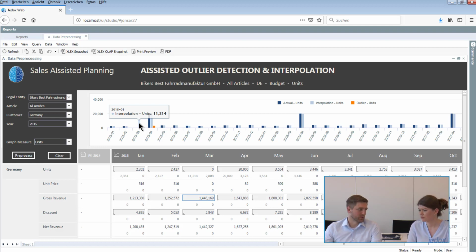So this is what you can do with interpolation. Interpolation is good for filling gaps in an intelligent way, looking at all the other values. And also seasonality is taken into account. So if we always have higher values in April, then it tries to mimic this.